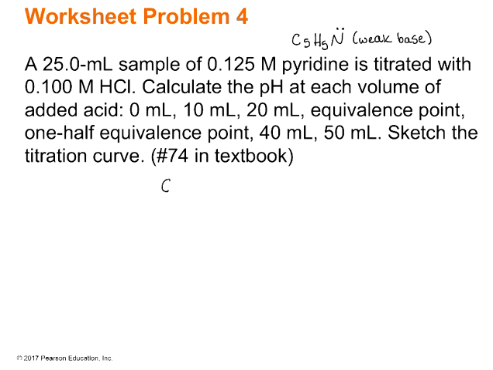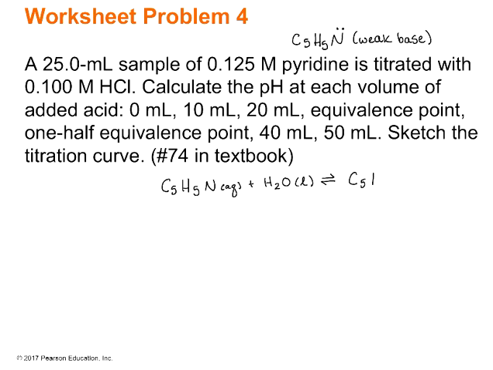So let's write out the equation for pyridine in water. Again, this is a weak base, so we're going to use double arrows because once pyridine reacts with water, we do have an equilibrium here.